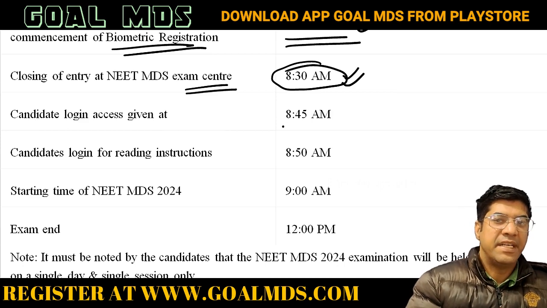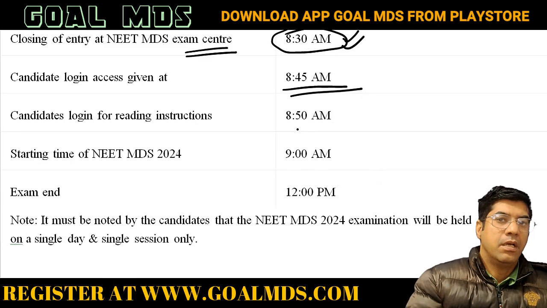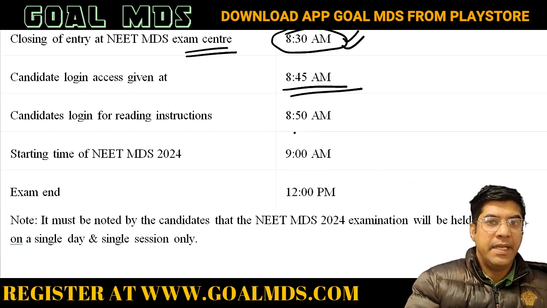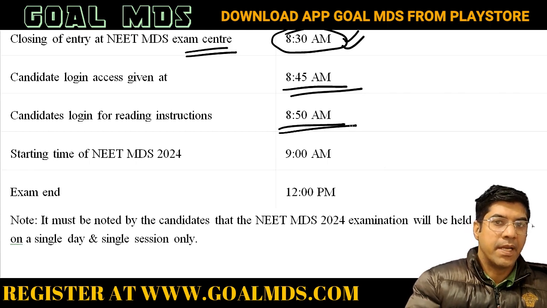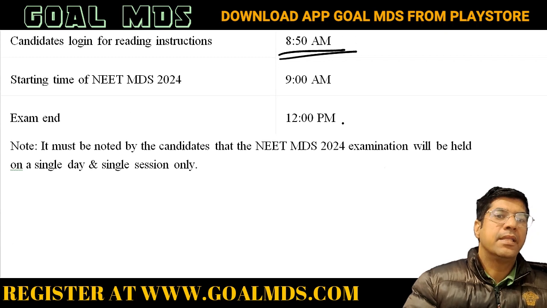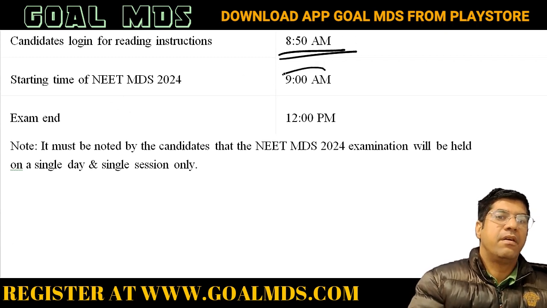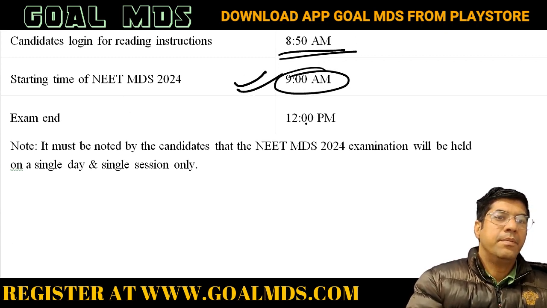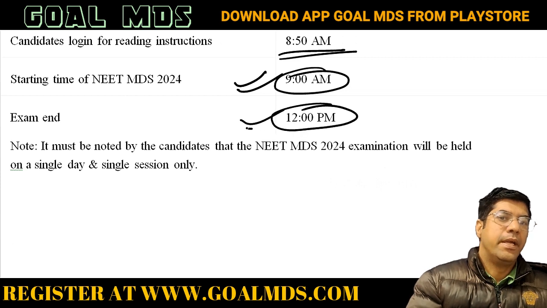The login access is given at 8:45 a.m. The candidate starts reading the instructions for the paper at 8:50 a.m. and the exam starts at 9 a.m. and ends by 12 p.m.